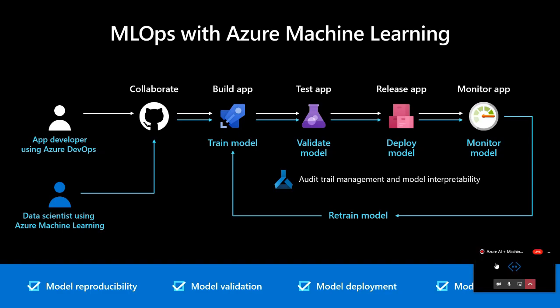So you basically collaborate, and we're going to look at the data scientist journey, where you train your model. You bring your data, you do feature engineering, and then you train your models and validate them, based on the business requirement, the accuracy, maybe the RMSE loss, right?